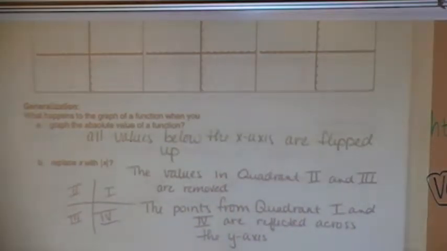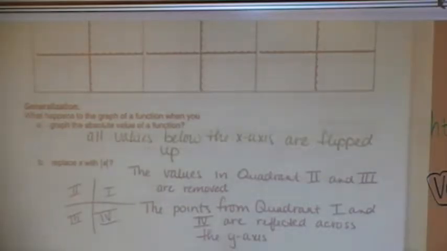Points from quadrant 1 and 4 are then reflected across the y-axis. So it's a little weird.